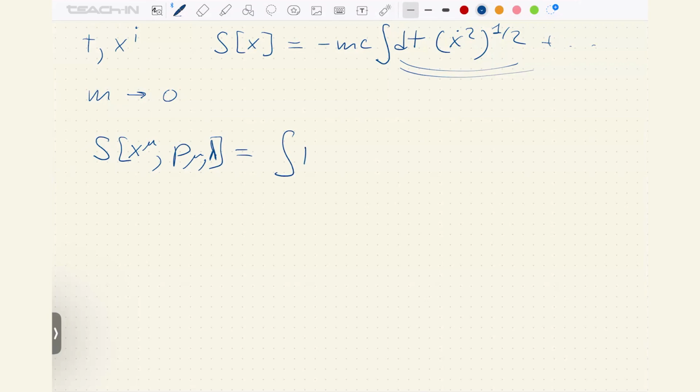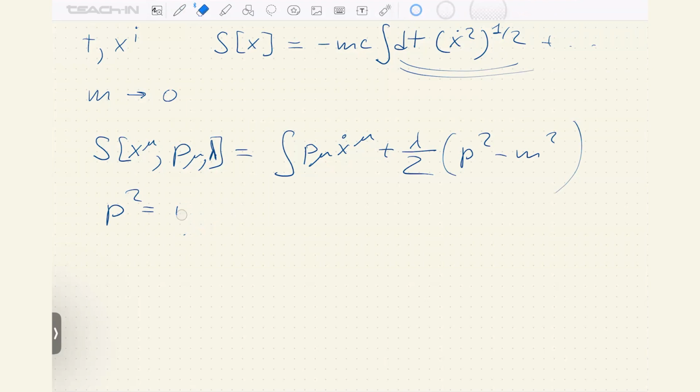It looks like a standard Hamiltonian action, p mu x dot mu plus lambda times (p squared minus m squared). You see, it has p squared, which is the Minkowski p squared: eta mu nu p mu p nu.